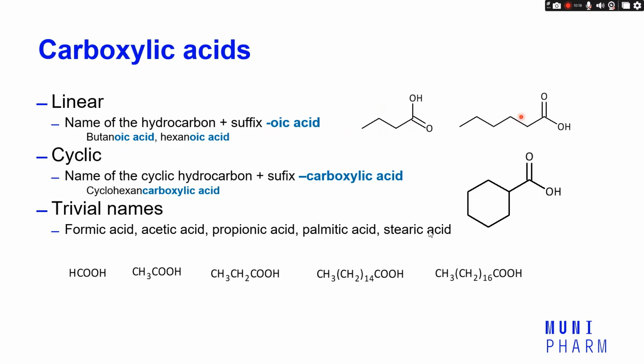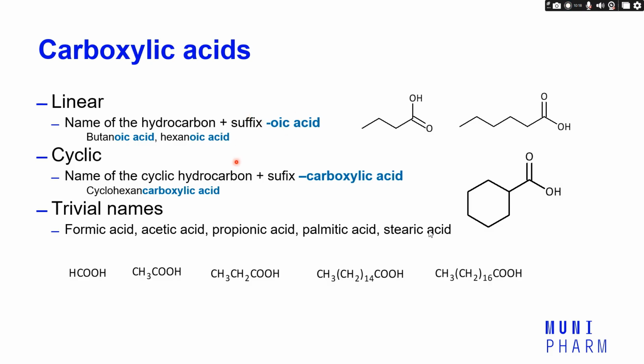There are two examples. This is the acid which contains 4 carbons. It means that it is butanoic acid. And this acid which contains 6 carbons is called hexanoic acid. In both cases, the carbon of the functional group has a number 1. This is in the case that we use this suffix.